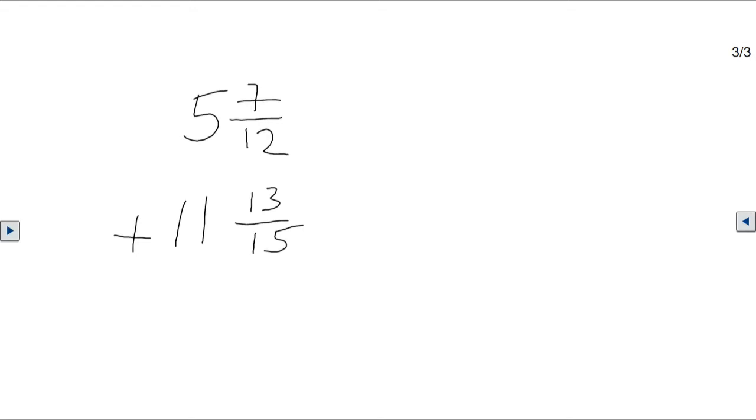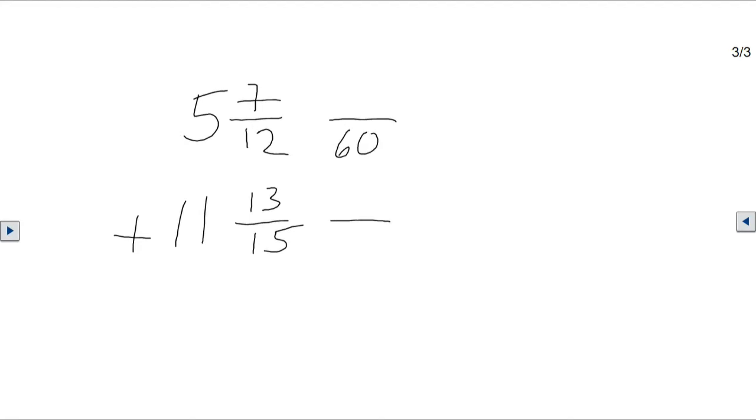So you can start thinking about what can I multiply 12 by that ends in 0. Well, 12 times 5 is 60, and 15 goes into 60 4 times. You could create a list, but you should know enough math at this point to use multiplication facts to find those a little bit quicker.